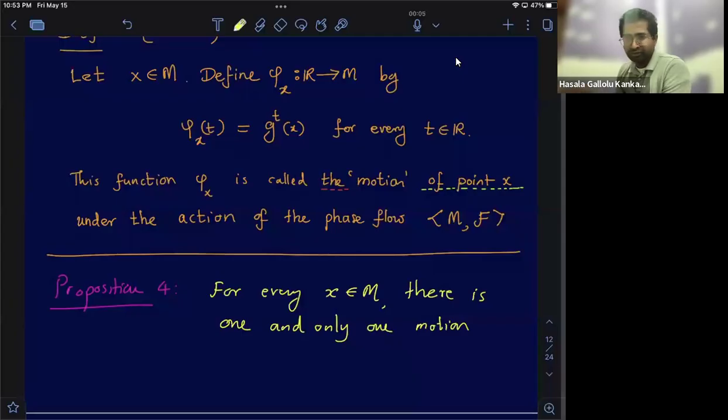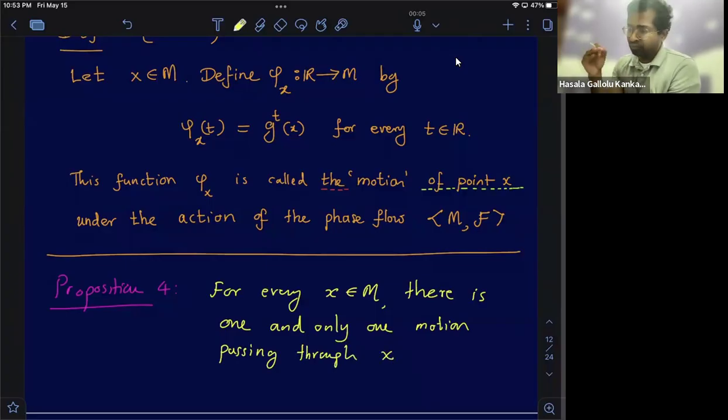I will call it motion passing through x. Of course, you need to say passing through x. I will just simply have a full stop there, but you need to say generally under what? Under the phase flow of M. Since it's clear from the context, I am not going to say much.